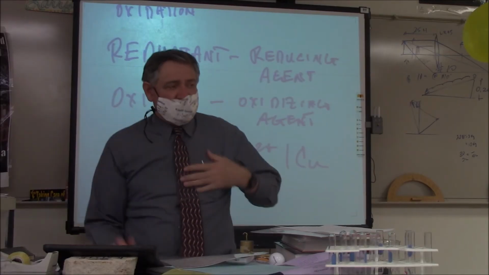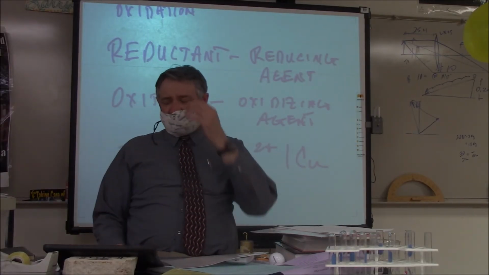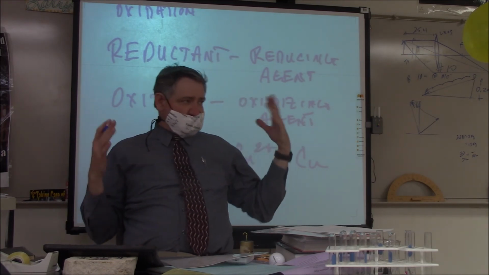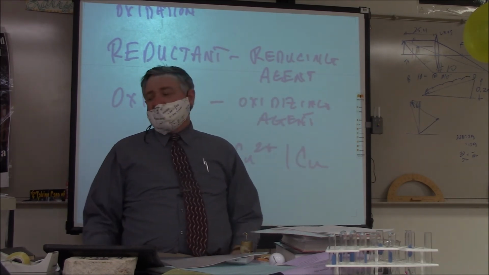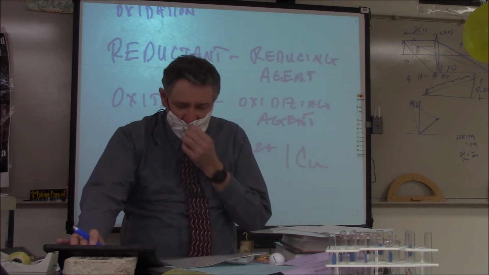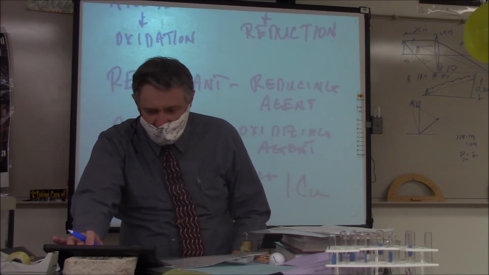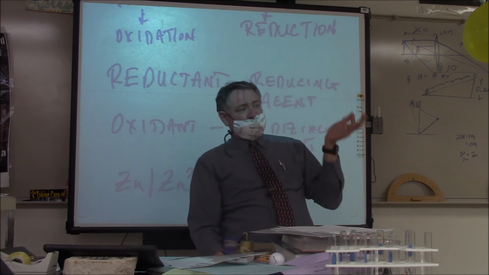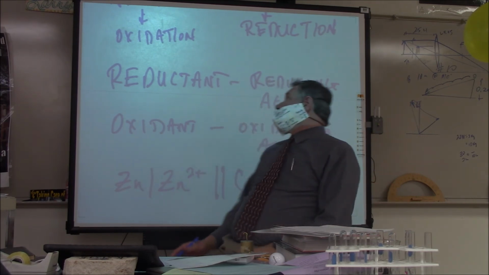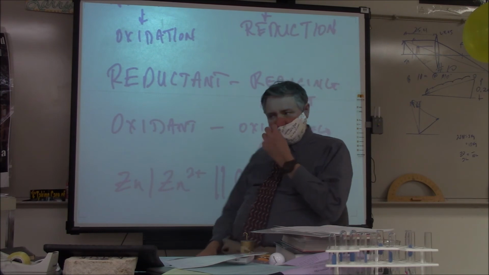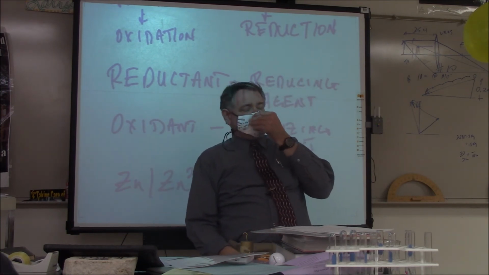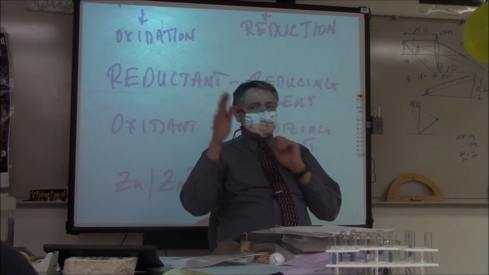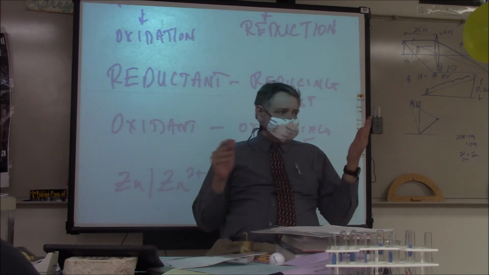So sometimes when you see cells written, you'll see it written as what's called standard line notation. Also, a little bit of terminology depending on which book you're using. If you see something referred to as a reductant, that just means it's the reducing agent, okay? So sometimes when you're reading about cells, they'll say, oh, it contains the reductant.